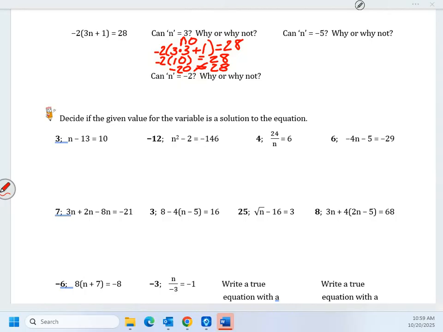What about can n equal -5? So you can work it out and see if you can figure it out. -2 times 3 times 5 plus 1, does that equal 28?